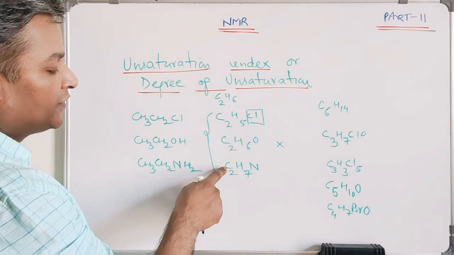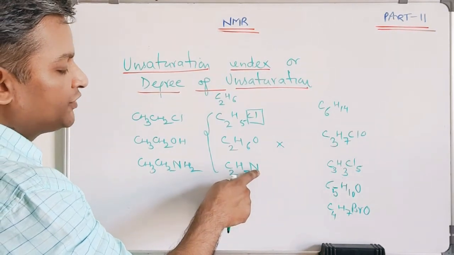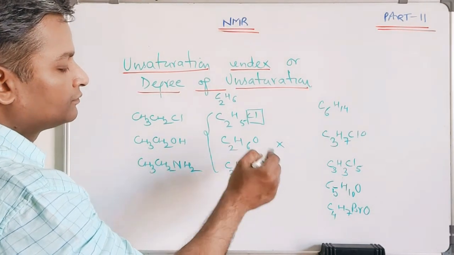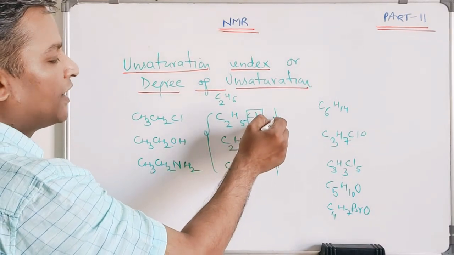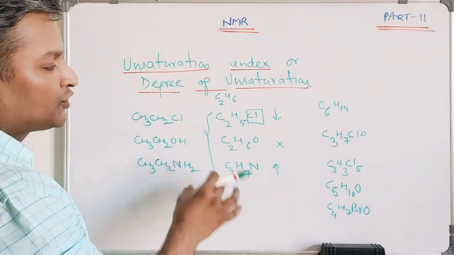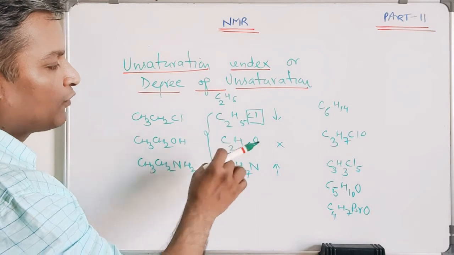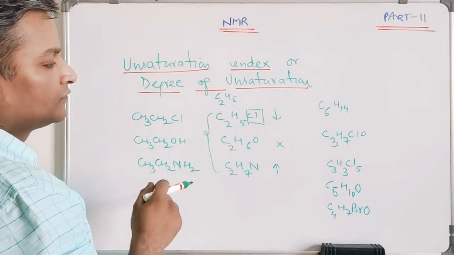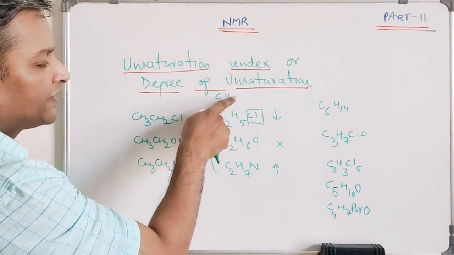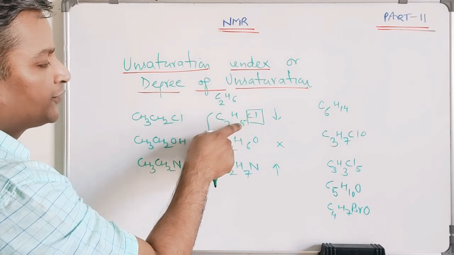Nitrogen, as you can see here in C2H7N, means each nitrogen is responsible for increasing hydrogen by 1. You should keep in mind that every halogen in your molecular formula is responsible for decreasing the hydrogen by 1 of the corresponding alkane. If it is C2, the corresponding alkane should be H6, so it is H5, decreasing H by 1.